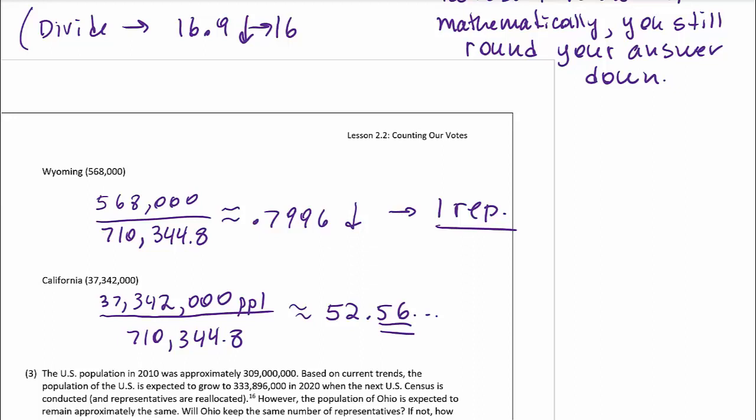If you round it up, that means you are assuming that you're using more people, but that's not the case. So once again, the idea is that you're always going to round down, and that's not mathematical rounding. It's a contextual rounding based on this understanding of allocation. If you don't have enough for a full person, you just disregard that decimal. There's much more. There are courses in mathematics that deal with the theory of voting.